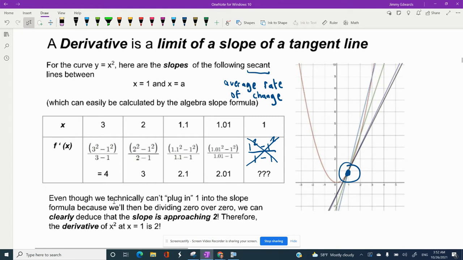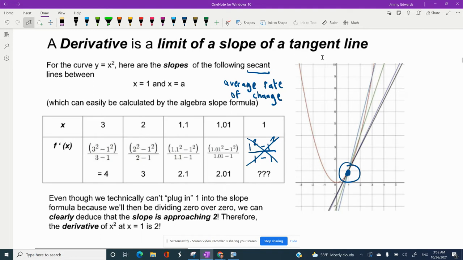So even though we technically can't plug in 1 into the slope formula, because we'll then be dividing 0 by 0, we can clearly deduce that the slope is approaching 2. Therefore, the derivative of x squared at x equals 1 is 2, because those secant line slopes are clearly approaching 2.